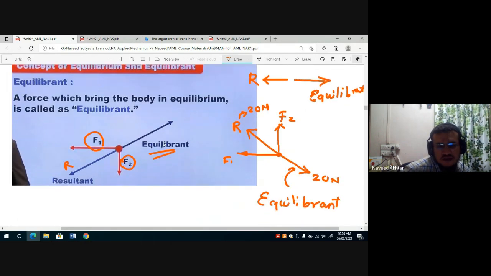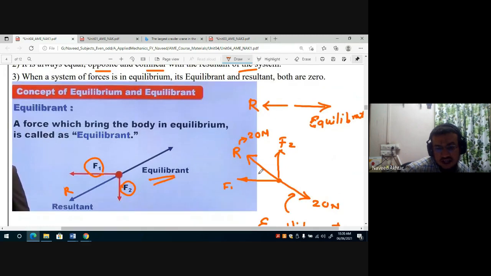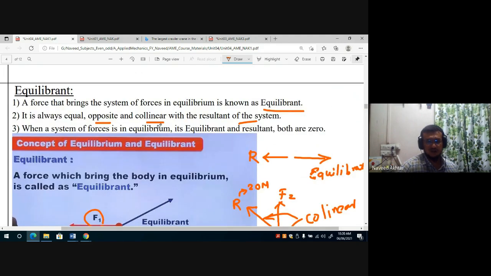The magnitude is equal: here it is 20 Newton, this is also 20 Newton, but the direction is opposite. Collinear means their line of action is the same. So the resultant and the equilibrant have the same line of action; that is called collinear.